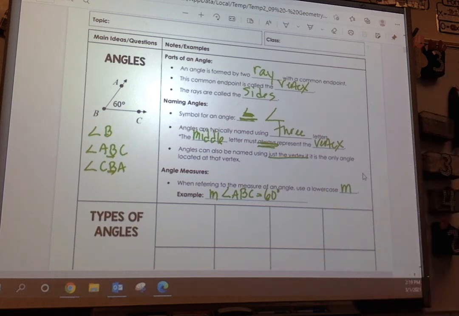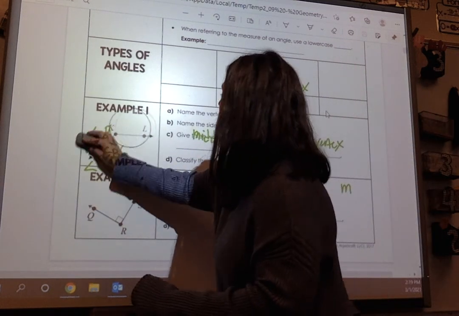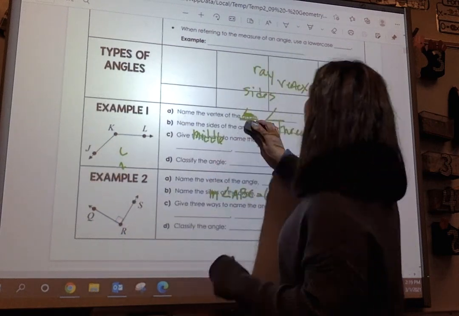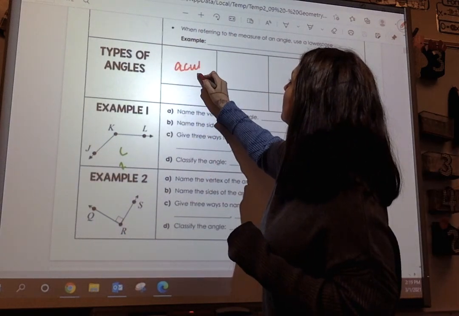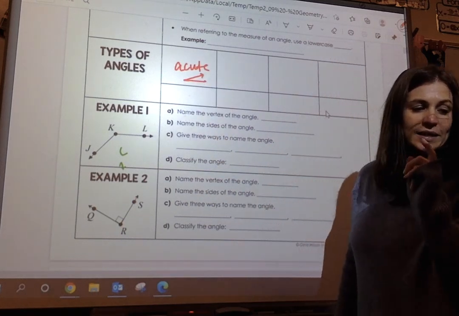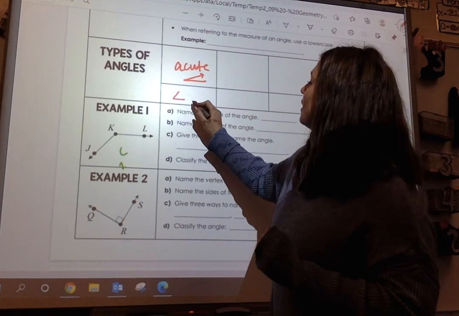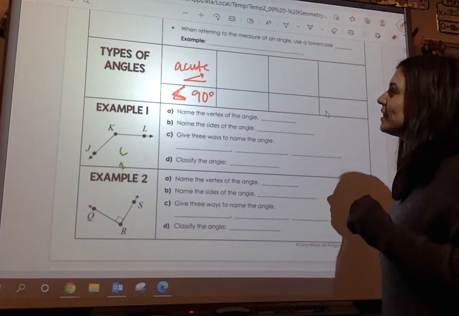Let's look at the different types of angles that you can have. And I feel confident that you've heard these angles before, but it's always good to review them. Okay, so there's three different ones. We have an acute angle. An acute angle is less than 90 degrees. So anything less than 90 degrees.